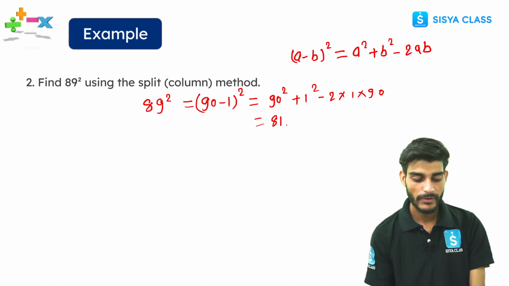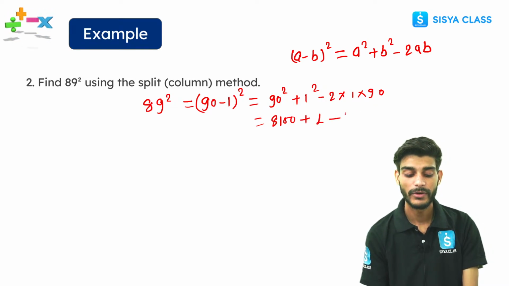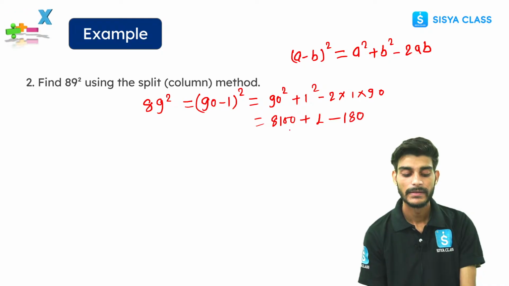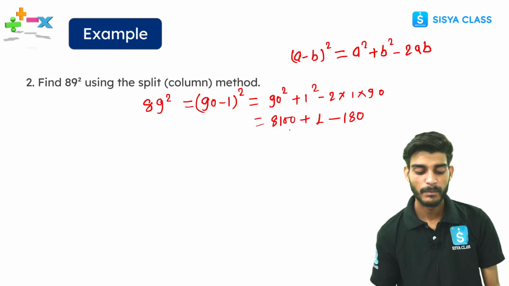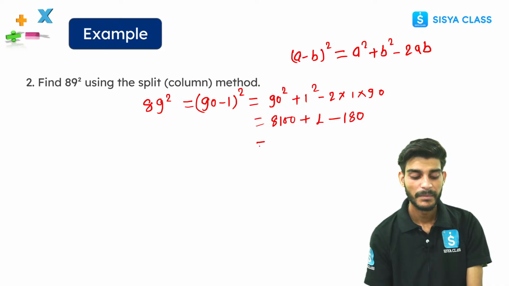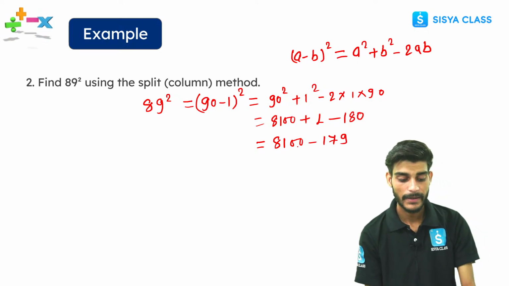What is the 1 square? 1 square is 1. What is 2 into 90? 2 into 90 is 180. So 8100 plus 1 minus 180 means basically 8100 minus 179.